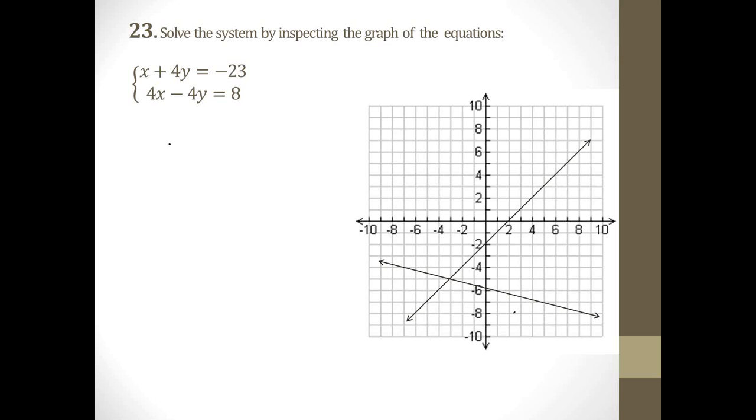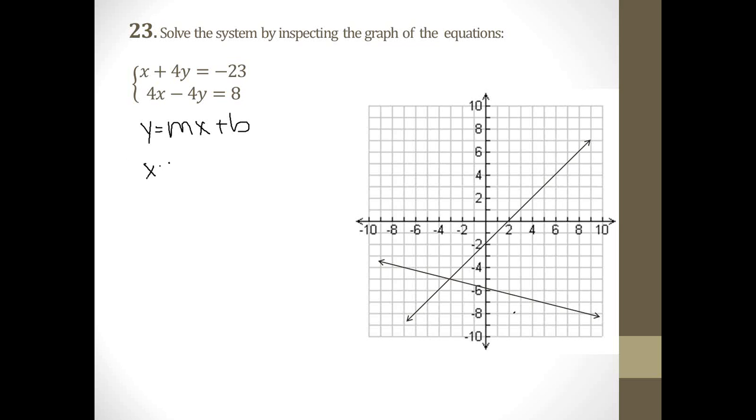But before we can type it into the graphing calculator, we have to solve both equations for the form y equals mx plus b, which is the slope-intercept form. So both of the equations we're going to have to solve to have it in this form. Let's start with the first one.